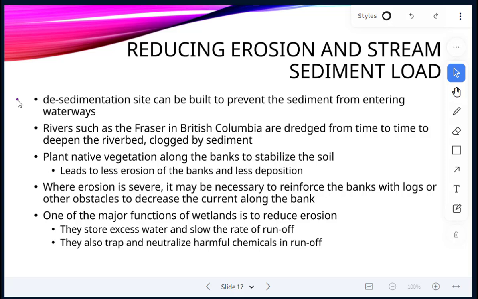That will lead to less erosion of the banks and therefore less deposition. Where the erosion is severe, it might be necessary to reinforce the banks with logs or other obstacles to decrease the current along the bank. So one of the major functions of wetlands is to reduce erosion because they store excess water, they slow the rate of runoff, and they also trap and neutralize any harmful chemicals that are in the runoff.